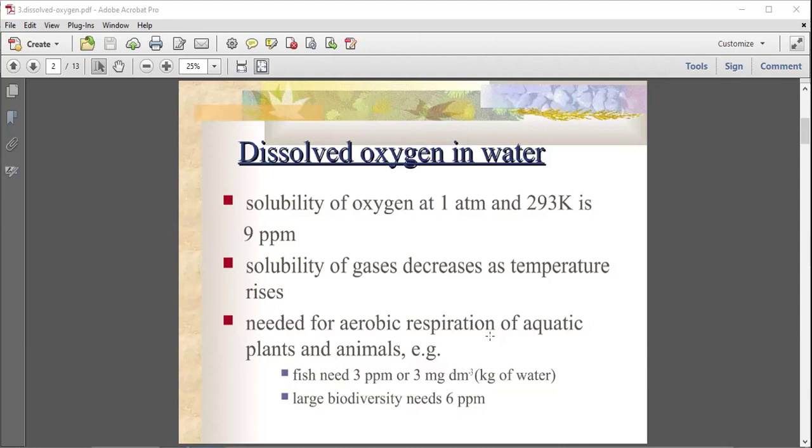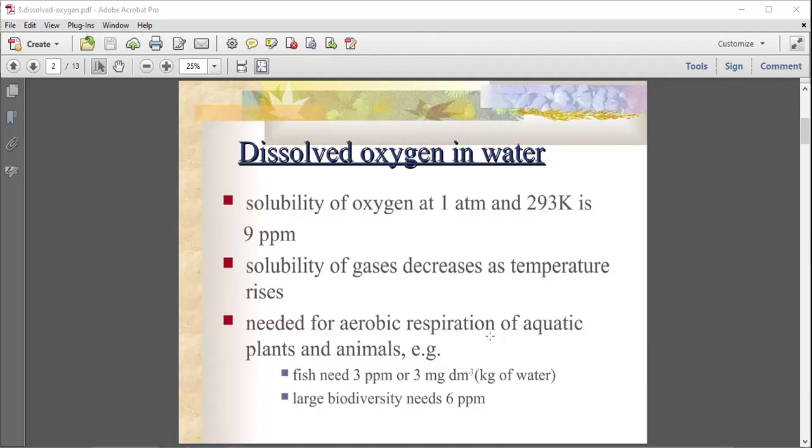1 decimeter cube, how many liters? We will decide what the meaning of ppm is. 1 decimeter cube is equal to 1 liter, you remember, and 1 liter is equal to 1000 milliliter.